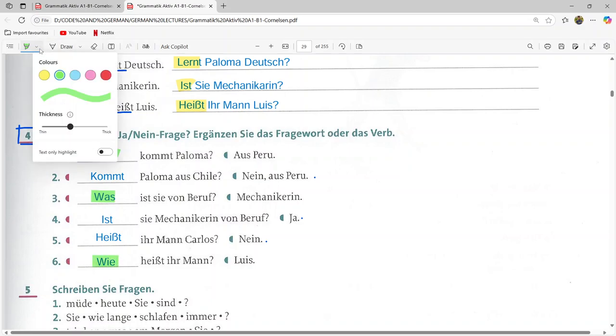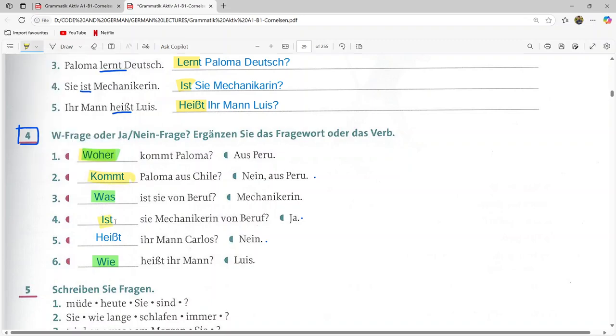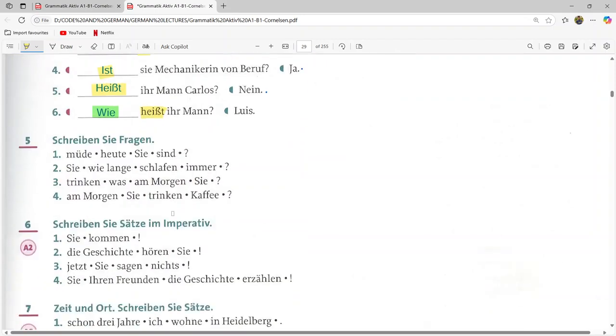And for ja, nein, Frage, this is the verb, this is the verb, and this is the verb. Okay, so for a W-Frage word, the verb is in the second position, and also the verb is in the second position. Okay, done. Now the next one.